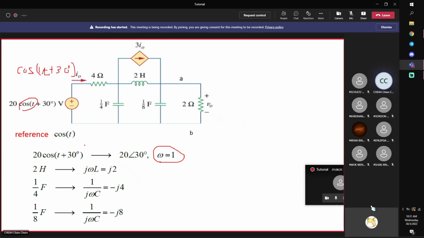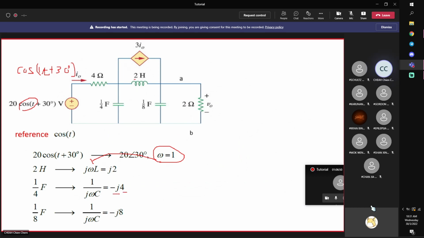Frequency is 1. Use this frequency to convert your energy storage elements. j omega L, L equal to 2, is j2. 1 over 4, right? 1 over j omega C, 1 over 1 over 4 is 4. 1 over j is negative j. Right? 1 over 8 is 8. 1 over j is negative j.